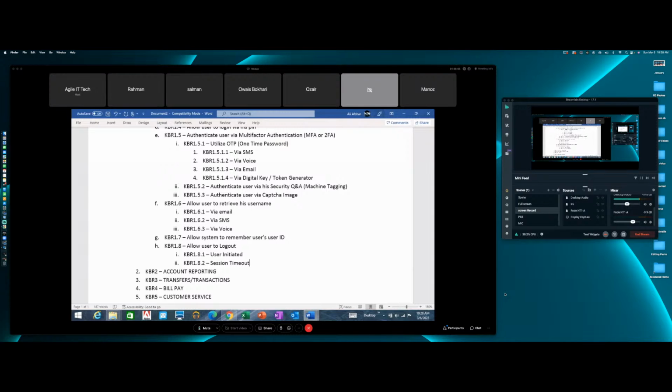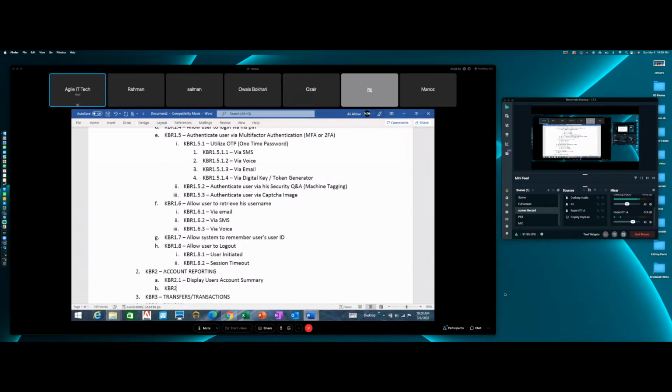In the same way, under account reporting, I'm not going to break this one as much as I broke the other one. So here you could have KBR 2.1, display user's account summary, correct?